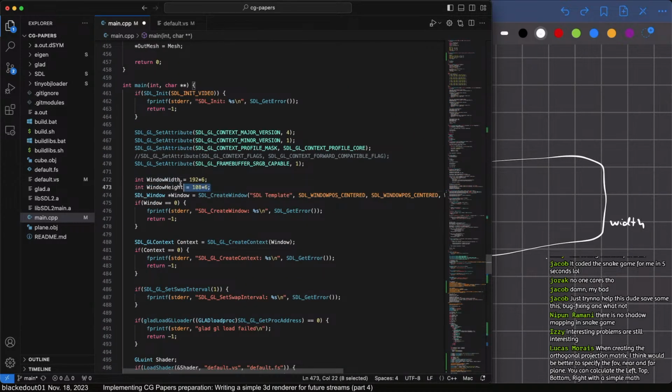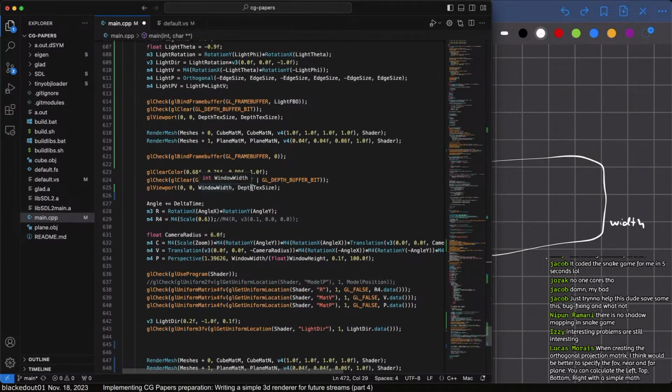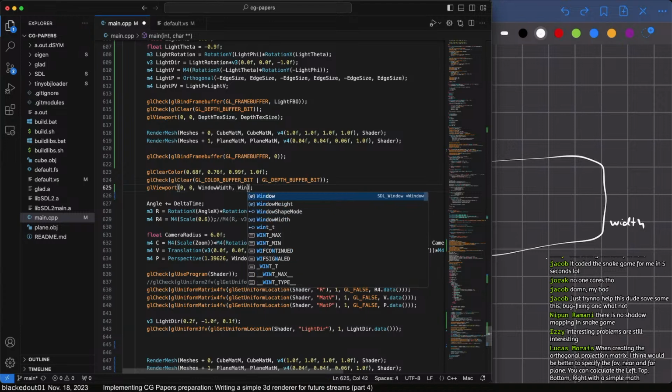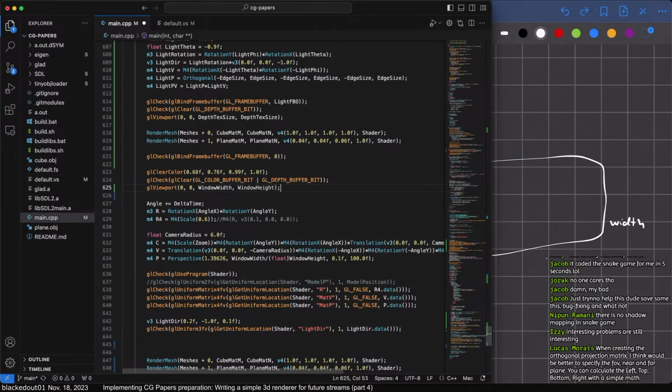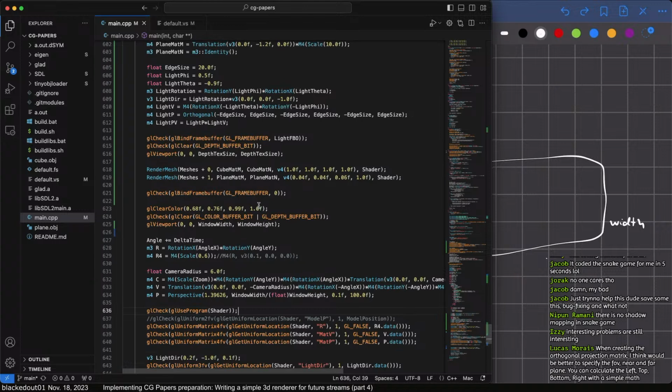Yeah, window width and window height. So that should be it. Now the only part that is left is creating the light space shaders.